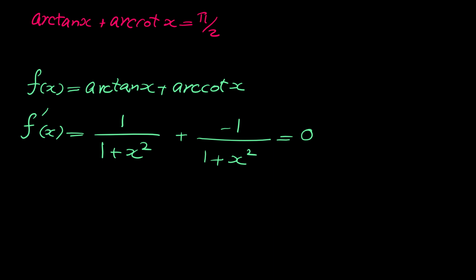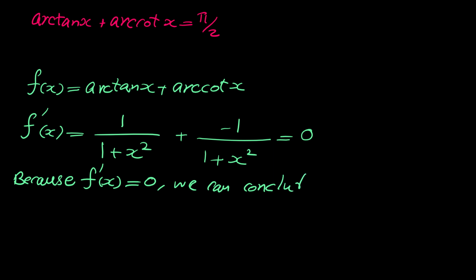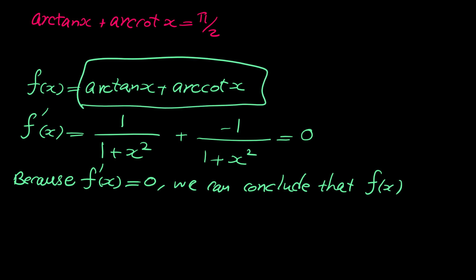Because the derivative of the function f is 0, so because f prime of x is 0, from this we can conclude that the function f of x is a constant, because only the derivative of constants is 0.